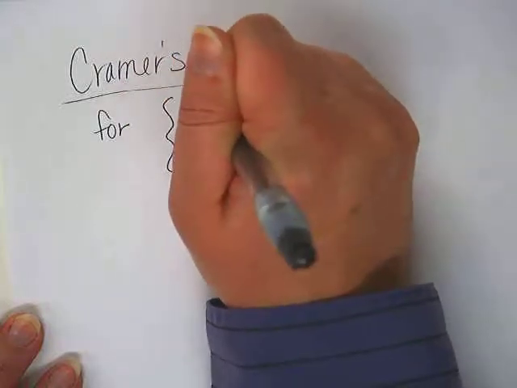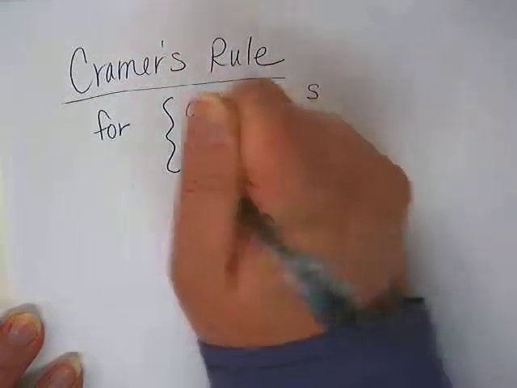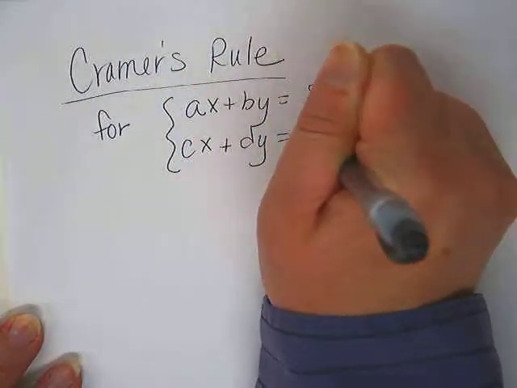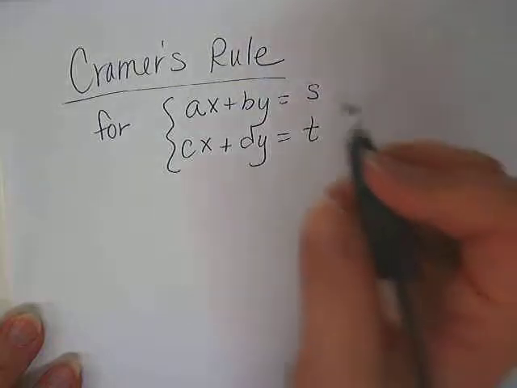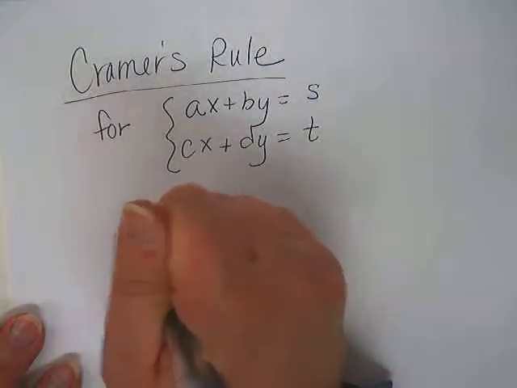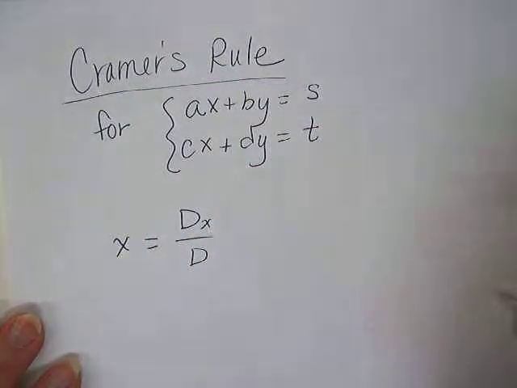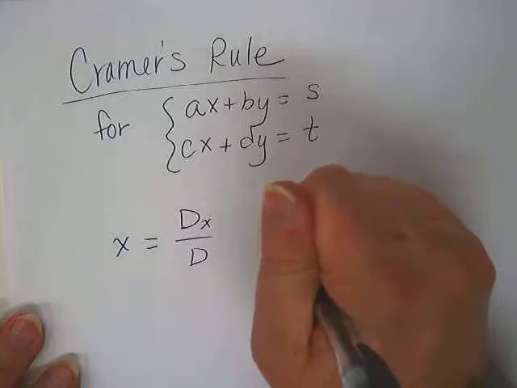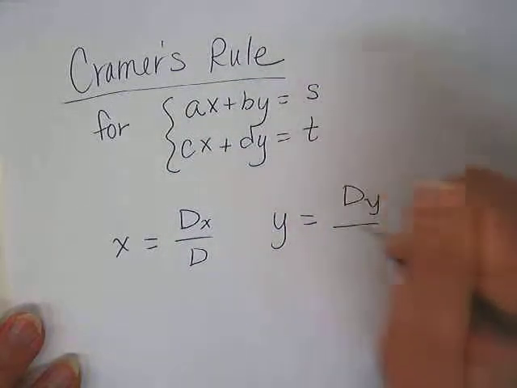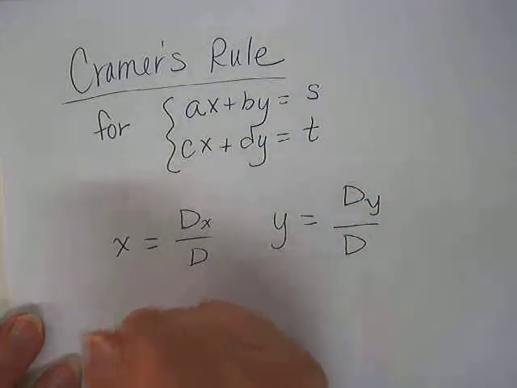For a system of equations, ax plus by equals a constant s, cx plus dy equals a constant t, we can find x by taking determinant x divided by determinant d, and find the value for y by taking determinant y divided by determinant d.